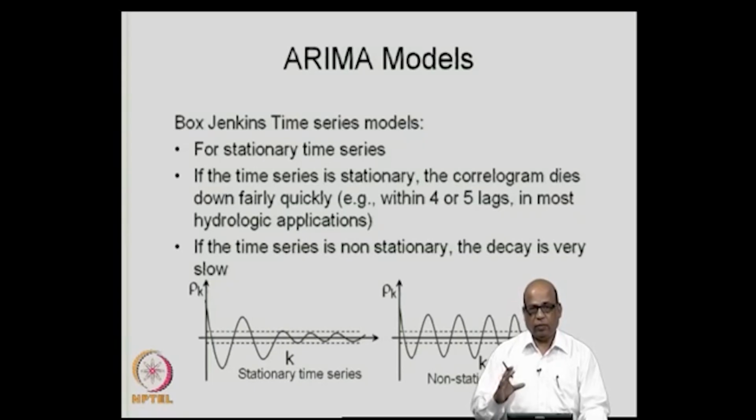So, the first indication of non-stationarity is if the correlogram does not die down fairly rapidly, then you must suspect non-stationarity in the data. Then we must have the means to remove the non-stationarity and convert the time series into a stationary time series, and only then apply the type of models that we will be discussing now.